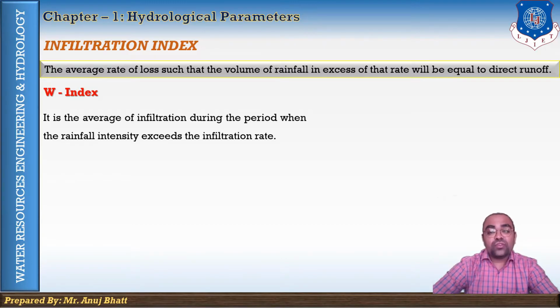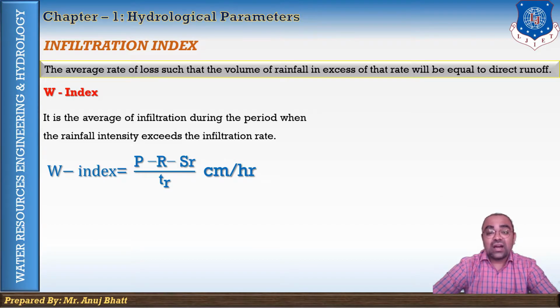The equation of the W index is (P minus R minus SR) upon TR, wherein the W index is the rate of infiltration, which should always be in centimeters per hour. P is the total precipitation, R is the total runoff, SR is the surface retention, and TR is the total duration of rainfall, which should be in hours.